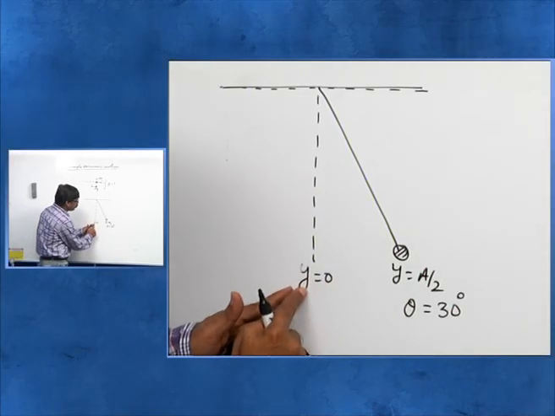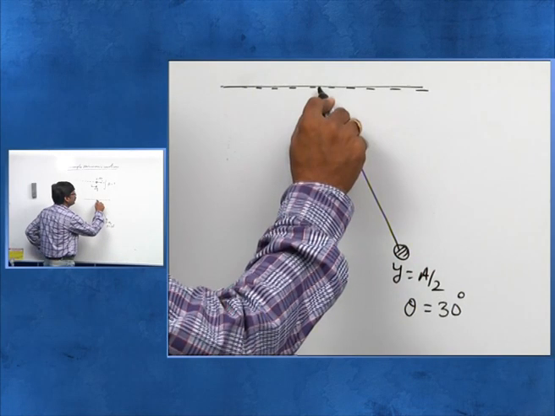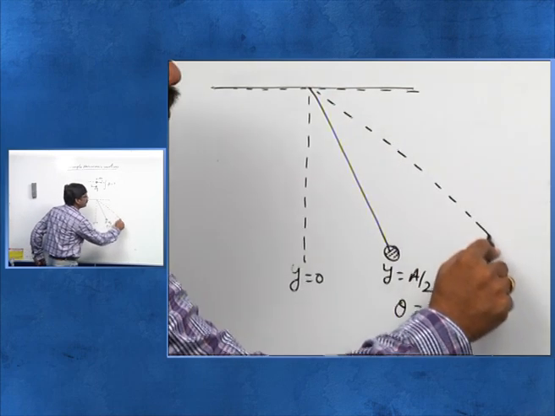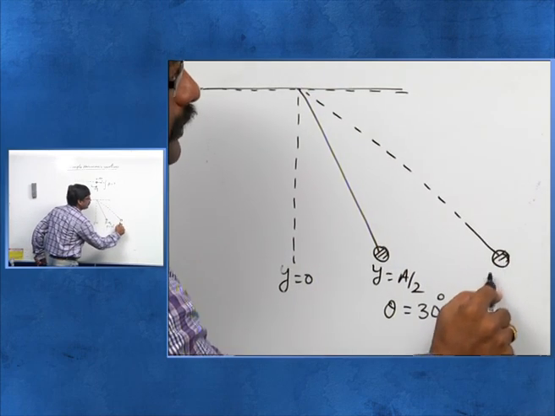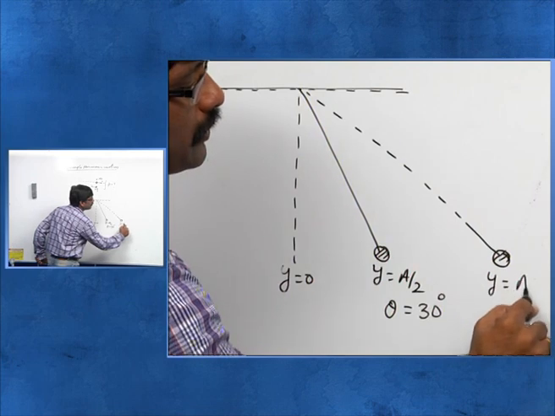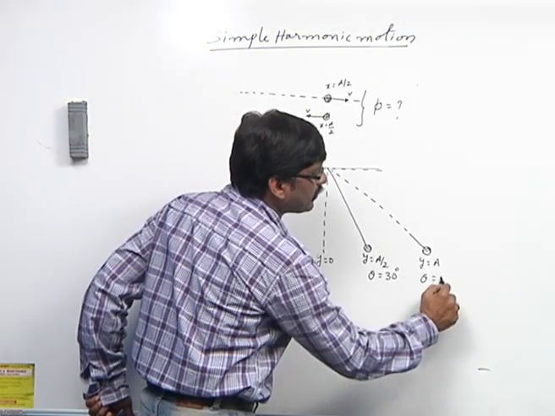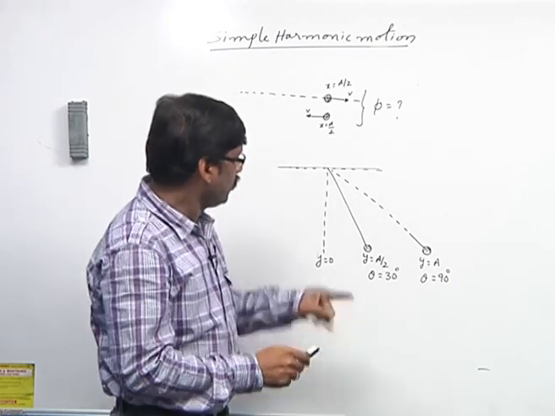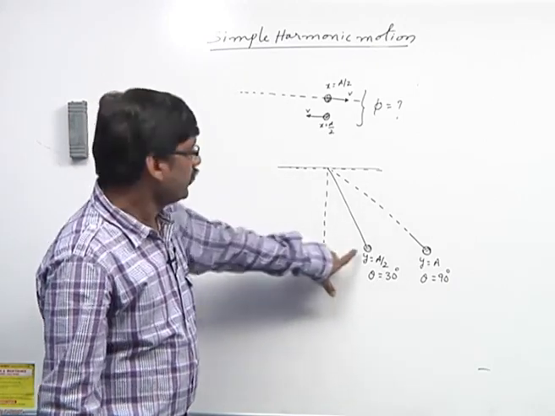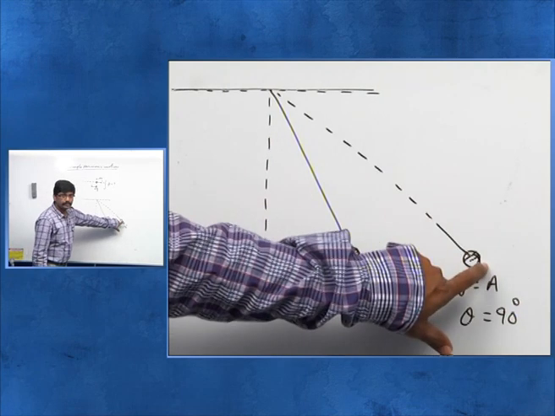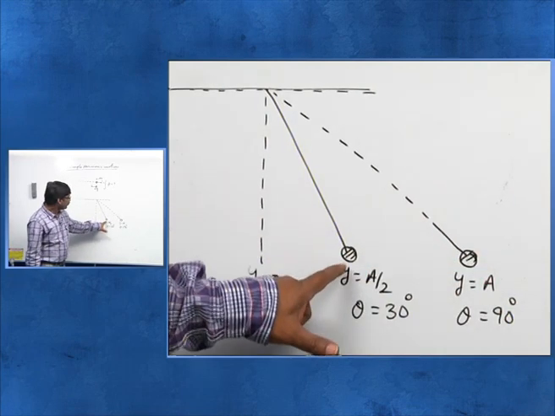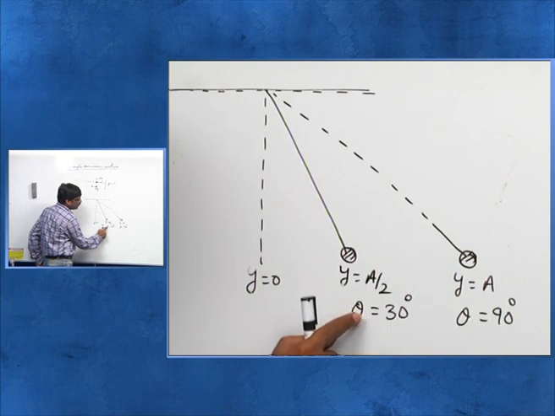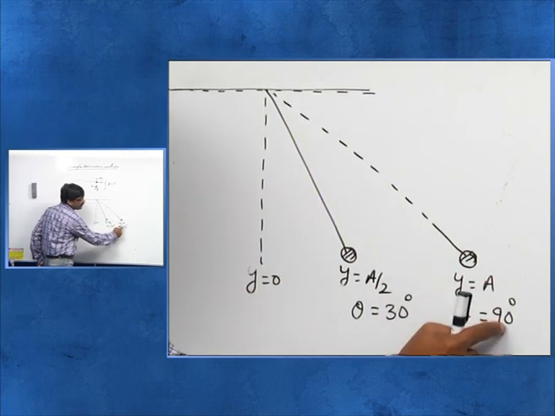In the extreme position, we know that the phase is 90 degrees or pi by 2 radians. Look at this: 0, 30, 90. Y is equal to a by 2, theta is 30; y is equal to a, theta is 90.